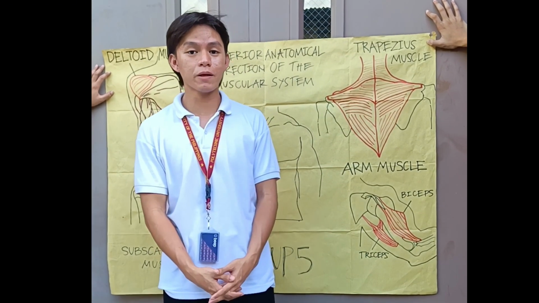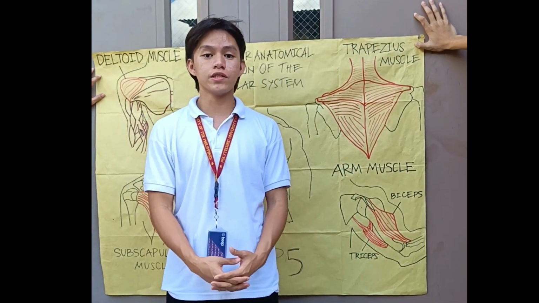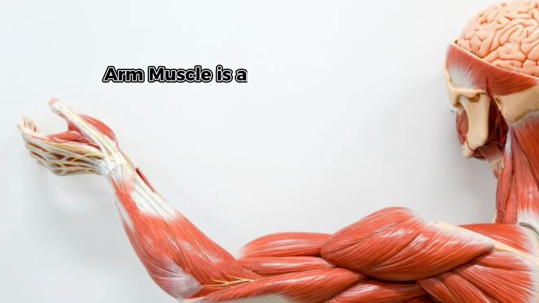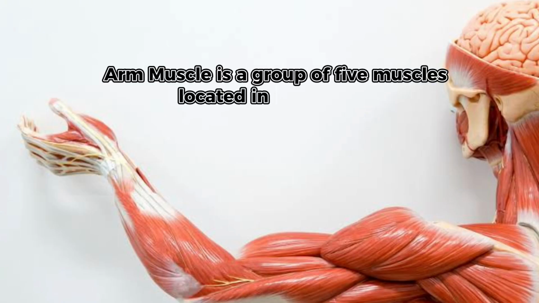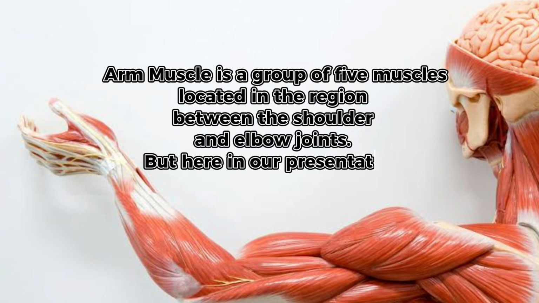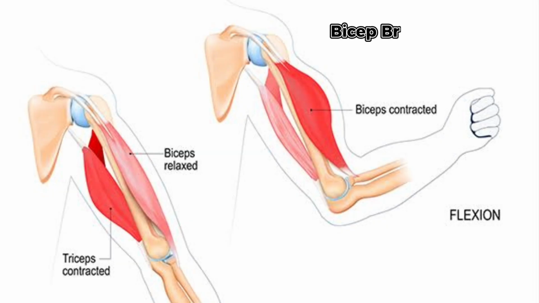And for the last one, I'm going to explain the arm muscle and its origin, insertion, and action. The arm muscle is a group of five muscles located in the region between the shoulder and elbow joints. But here in our presentation, we only focus on two types of it, and those are biceps brachii and triceps brachii.